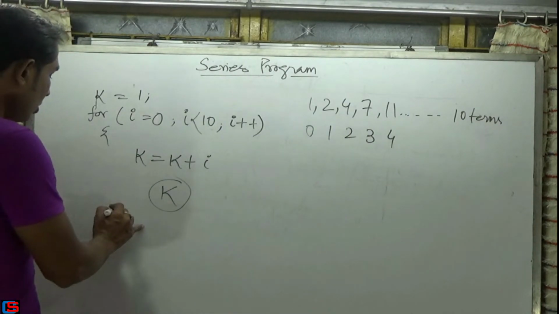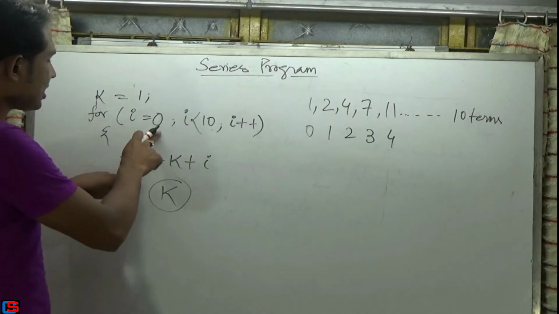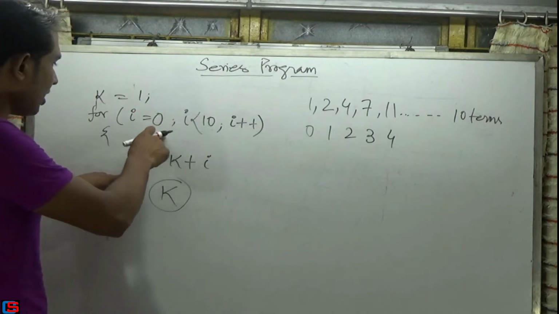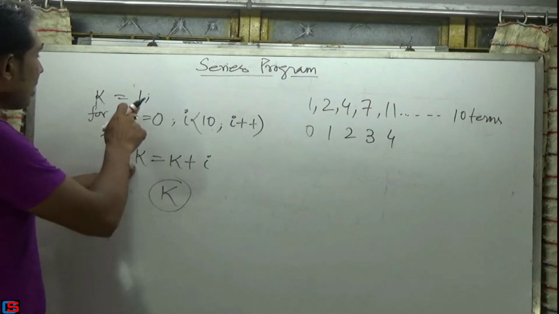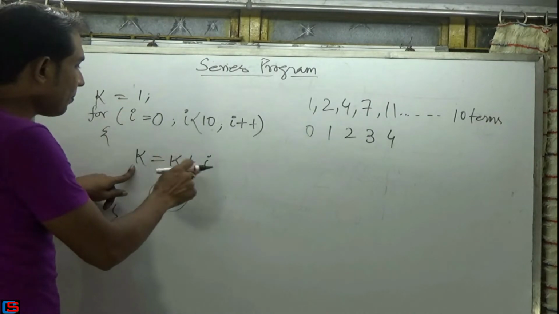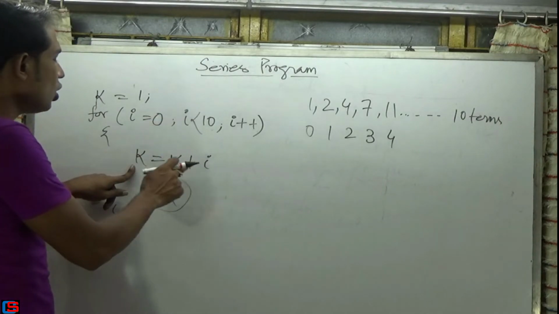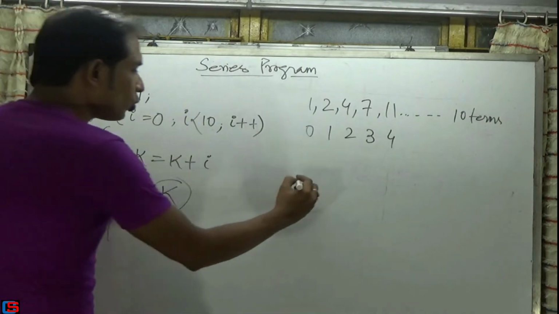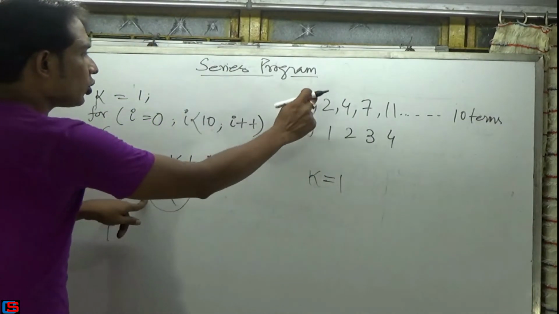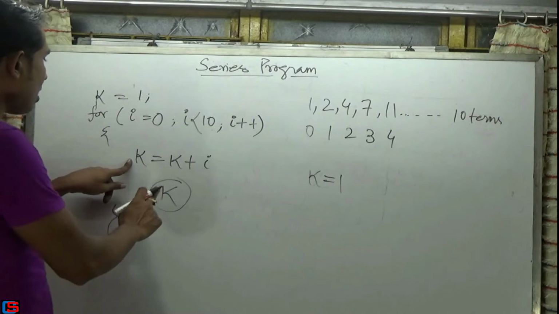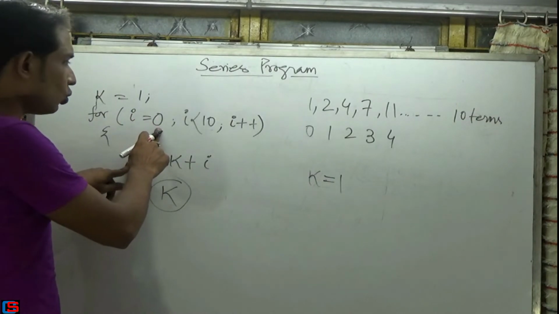Now if I dry run the program, the first time the initial value of k is 1, so 1 plus I, that is 1 plus 0, so k becomes 1, and 1 is printed here. Then I becomes 1.